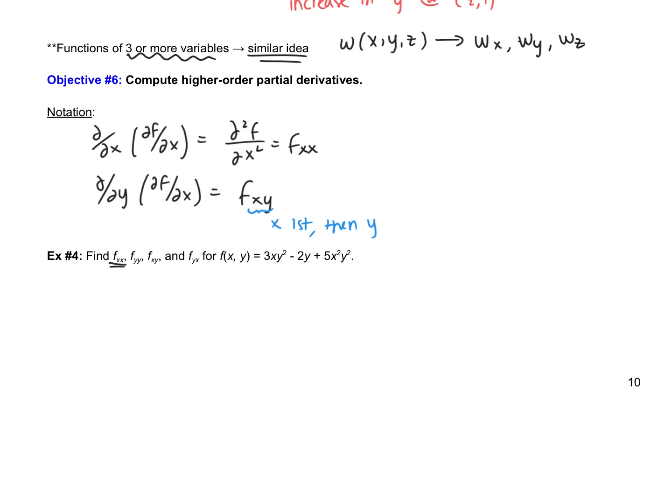So f of xx. I'm going to start by taking the derivative with respect to x of this function. So that's going to give me 3y squared, add 10xy squared. Now I'm going to take the derivative with respect to x again, which would give me 10y squared.